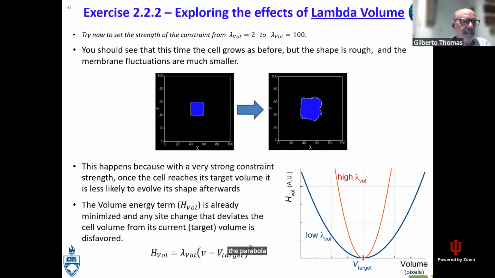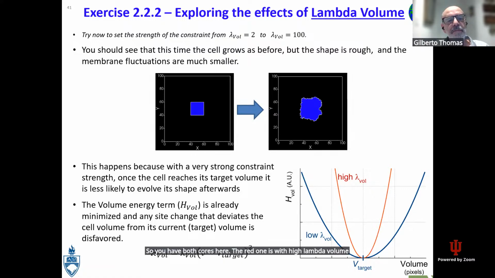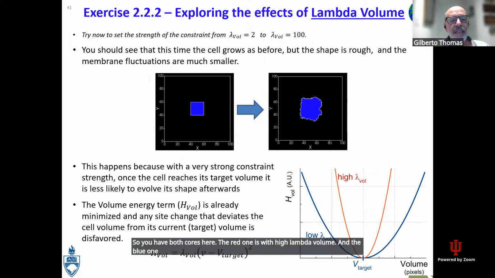Here it is. So this is what happens. For the low lambda volume, you have a very wide parabola, the blue one. So you have both curves here. The red one is with high lambda volume, and the blue one is the low lambda volume.